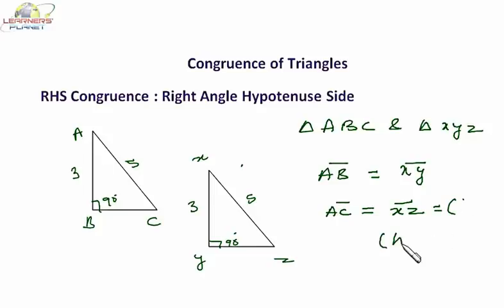Just write it over here. So these two triangles are congruent since they are having one angle as common, that is 90 degrees, and they are having one length and hypotenuse as equal. So this is RHS congruence.